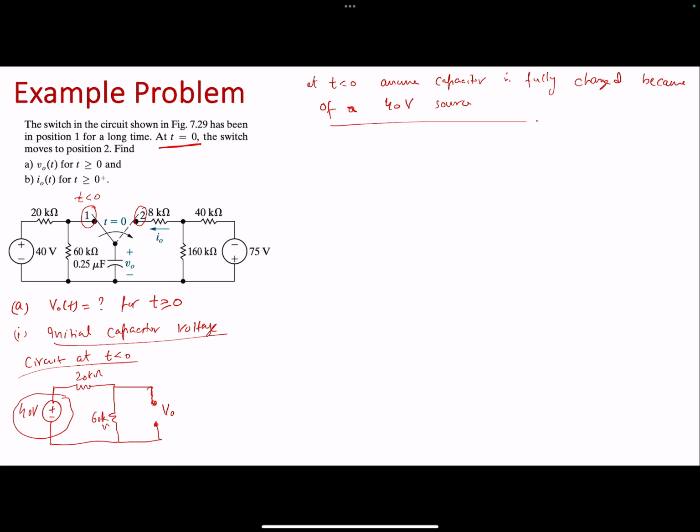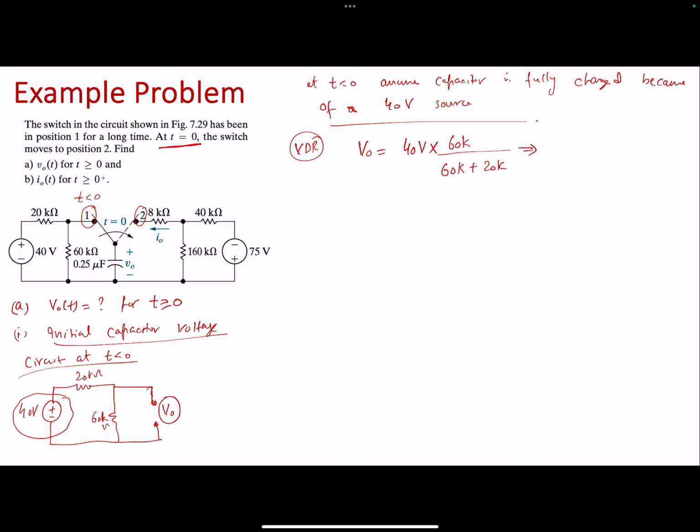In this case I can easily see that my V naught can simply be found by applying the voltage divider rule across the 60 kilo ohm resistor. V naught equals the source voltage, 40 volts, times the resistance across which we are measuring the voltage, 60k, divided by the summation of the resistances, 60k plus 20k.